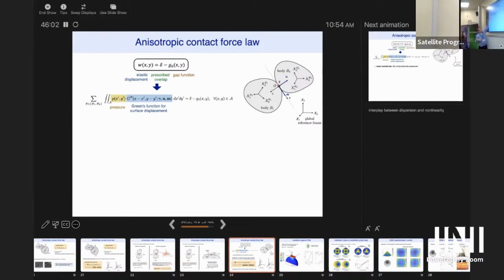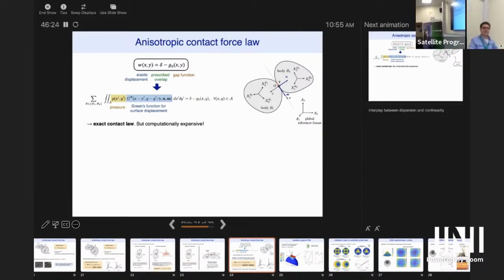Each pressure distribution causes a displacement according to a Green's function. And the Green's function depends on how far you are from the point of contact, as well as the orientation and the normal direction and the reference x direction n. Very complex, but you can actually solve this. It's solvable, but it's very expensive to do so.